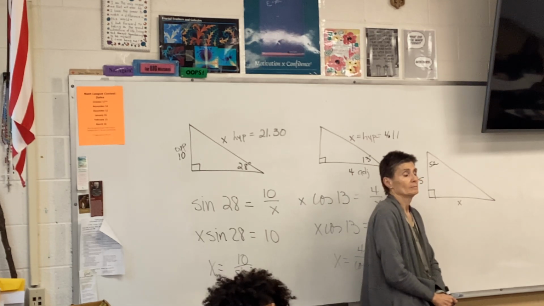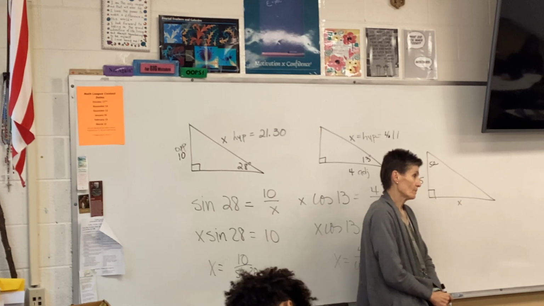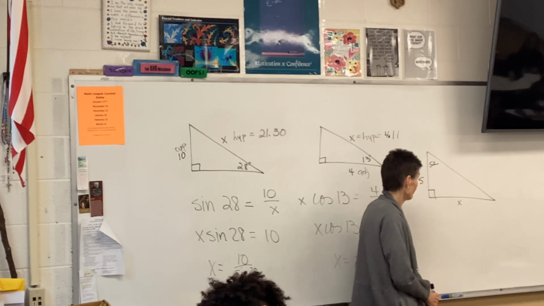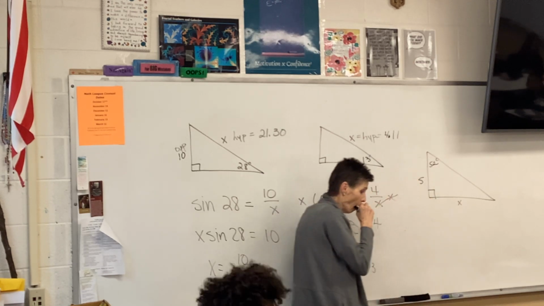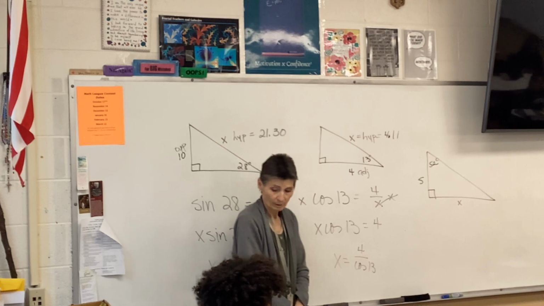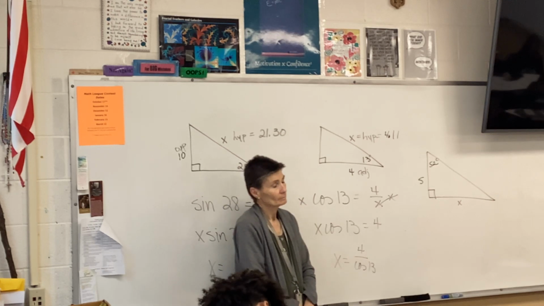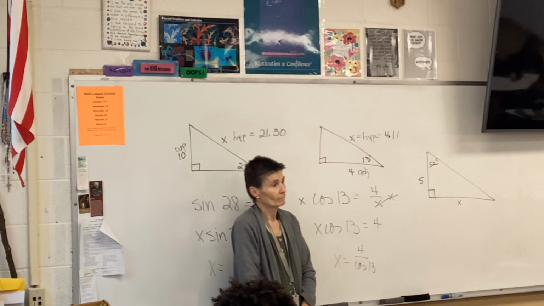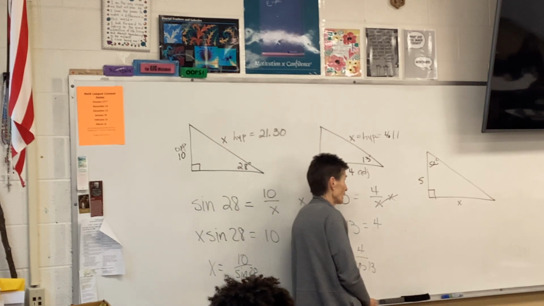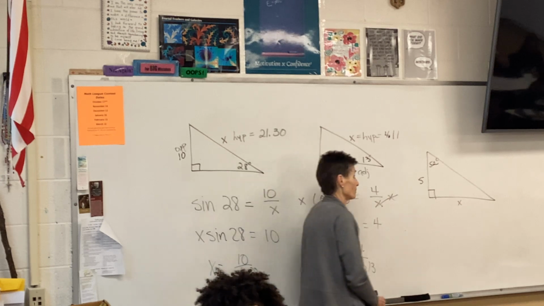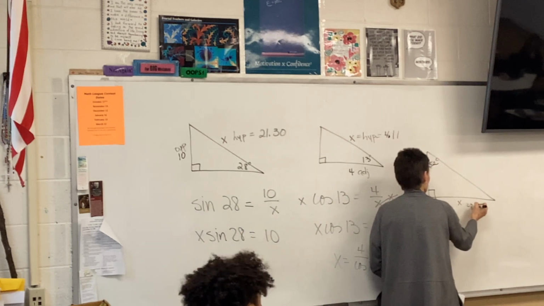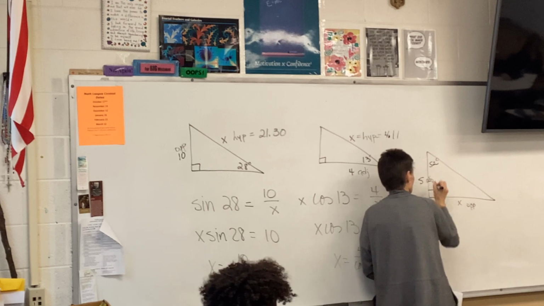Without my help, come up with an equation for the next problem. So look at the figure. Here's your angle. Anybody have a thought on sine, cosine, or tangent? Because this is opposite and this is adjacent.